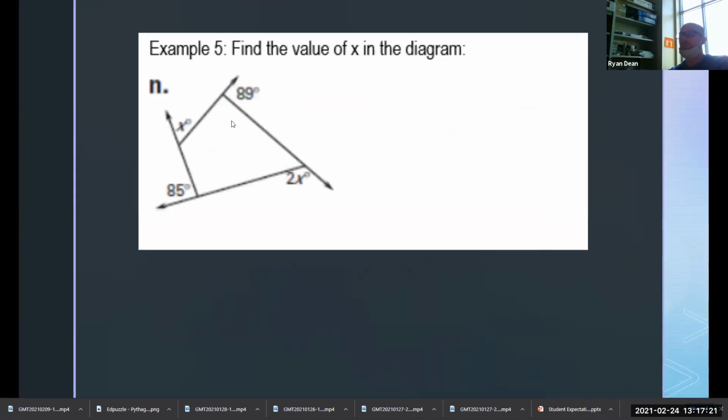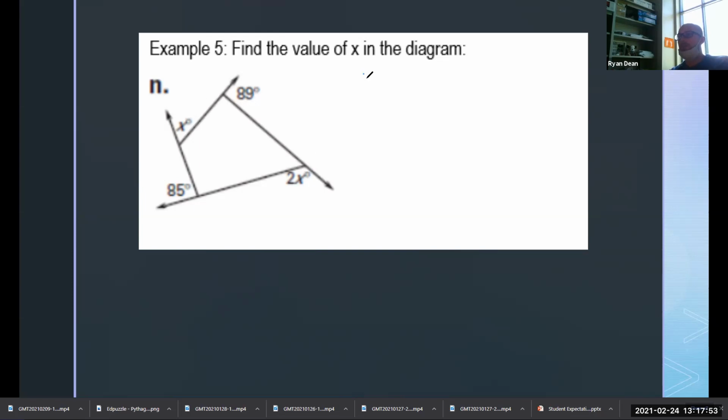Okay, sometimes you'll see problems like this. So when you're trying to find the value of x, you're just paying attention to where all of these angles are. Okay, if this was on the inside, the first thing that you would have to do is find the big S, the sum of the interior angles. And then after that, you would set it equal to all of these things that are added together. Okay, but in this case, this picture shows us that all of the angles are on the outside.